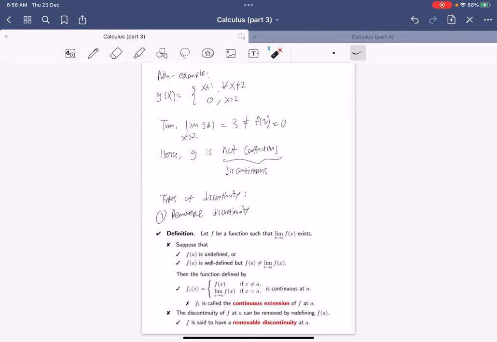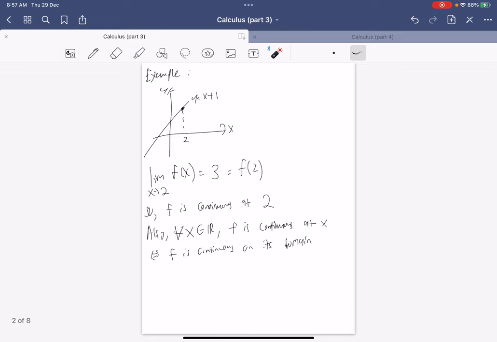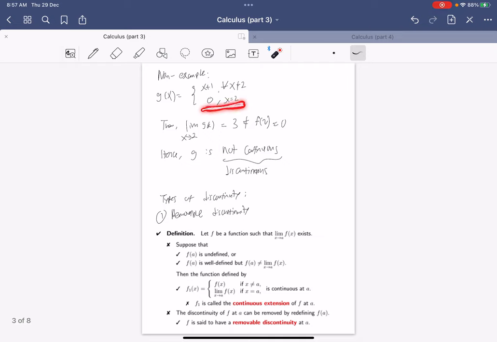Some non-example is the function where f equals x plus 1 at all points outside 2 and 0 when x equals 2. We have already seen that if x equals 2, if it's continuous, it should be 3. But now we redefine it to be 0. And so when we take the limit, it will still be 3. But now f(2) is 0, and so we say it's not continuous.